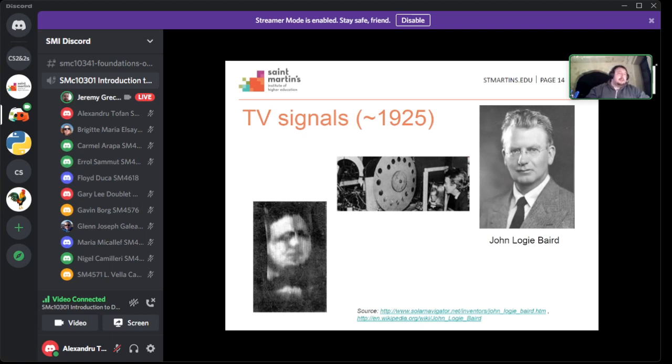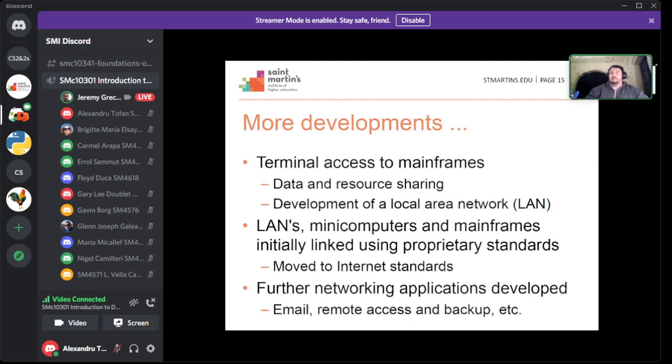Therefore, one gets the invention of TV signals. Over here, you can see the very first face that was transmitted using this television idea. Obviously, there have been a lot more developments.